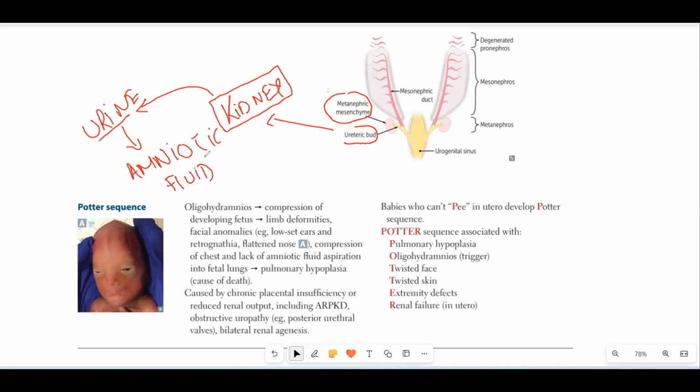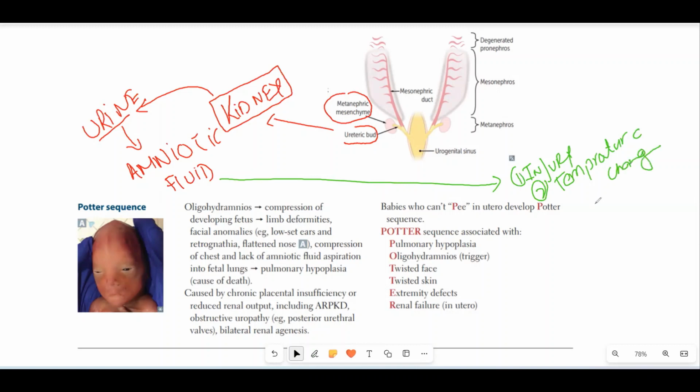This amniotic fluid has multiple functions. It protects the fetus from injury and temperature changes, and it is important for limb movement and lung development.